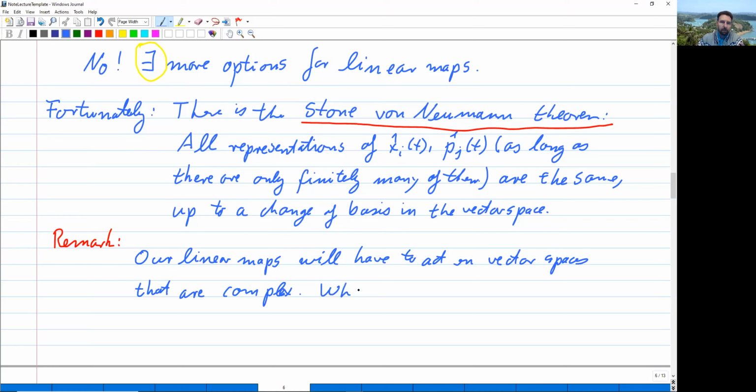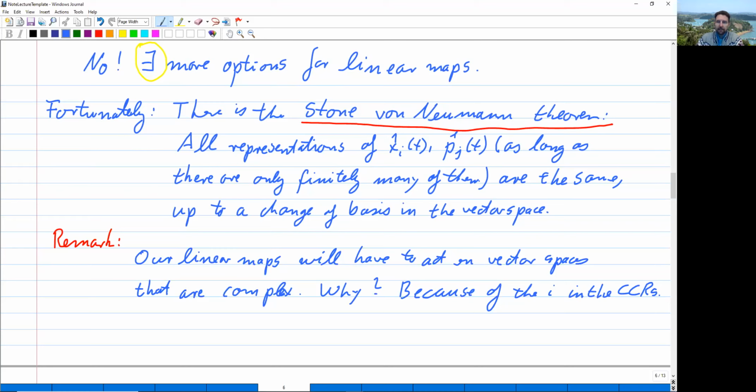Why? Well, because of the i in the canonical commutation relations. We just don't get away with real vector spaces because i is already in the commutation relations.